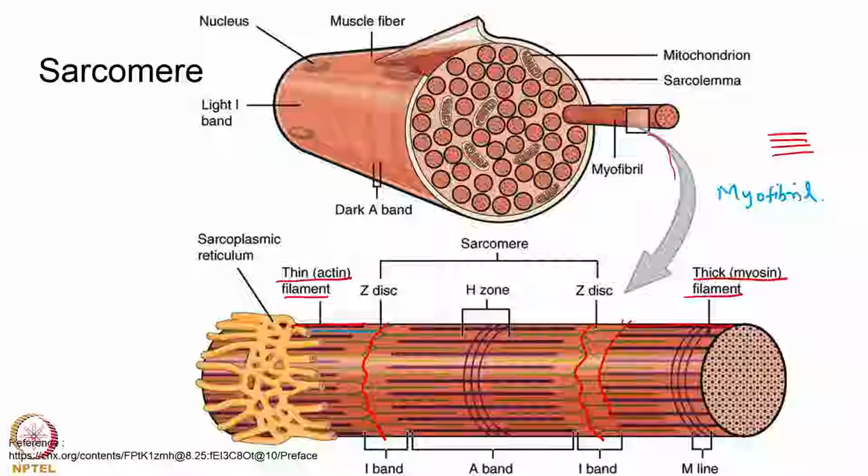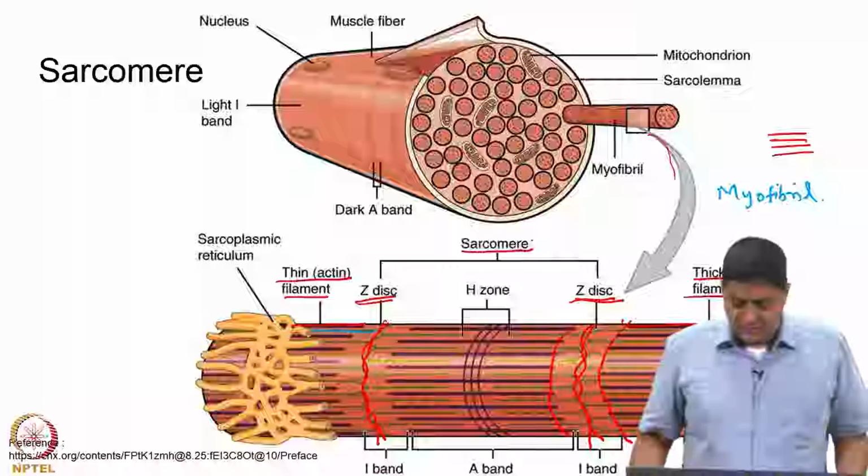Here is a thick filament and here is a thick filament, and the boundary between them is called a Z disc, and on the left you have one more Z disc. The distance, or the physiological unit, between one Z disc and another Z disc is called a sarcomere. This is the smallest functional unit of a muscle.